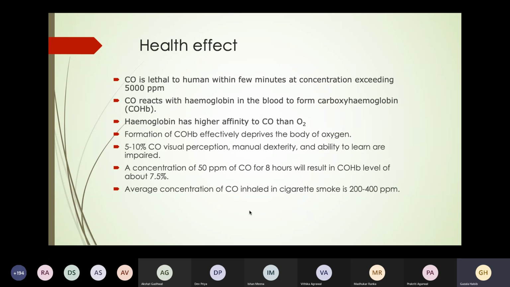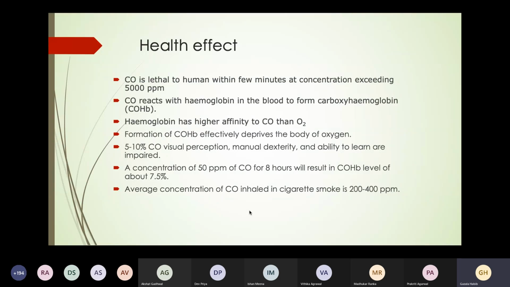So if anybody is working near the roadside for 8 hours continuously and inhaling high concentrations of CO, in general we don't see 50 ppm and above, but if there is a traffic jam and there are more diesel vehicles on the road, then you may find a high concentration peak in CO. That may cause the COHb level to increase by 7.5%.